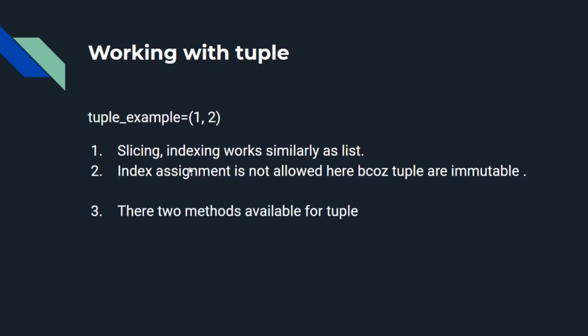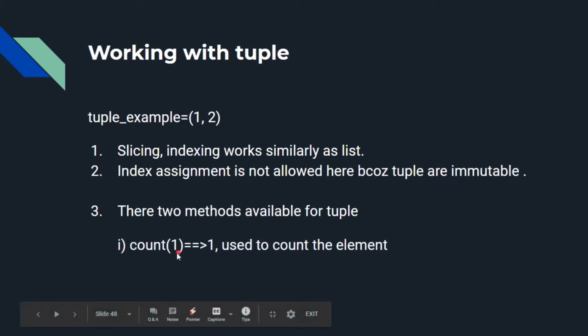Now there are two methods available for tuple. Mostly we will be working with these two methods. First is count. If you want to count any element in a tuple, you can use the count method, and you need to pass the parameter inside the method. Here we have the tuple (1, 2), and if you call count(1), it will return 1 because 1 is present here one time.